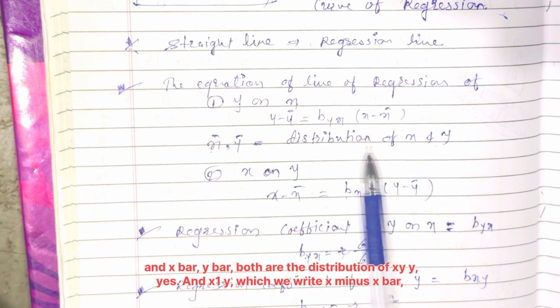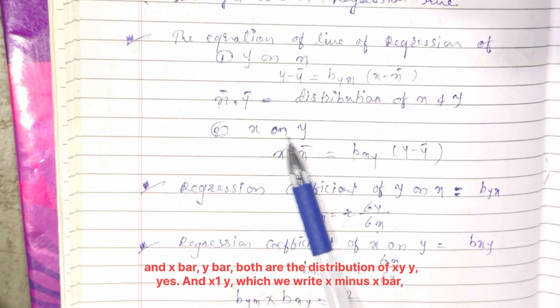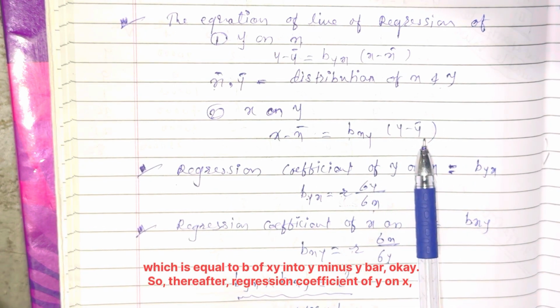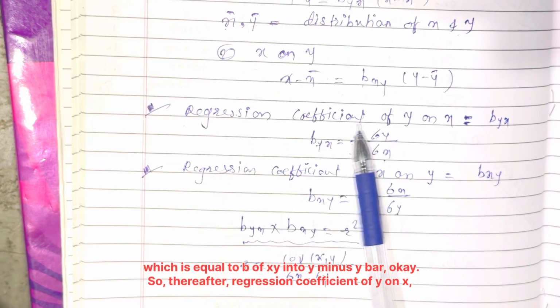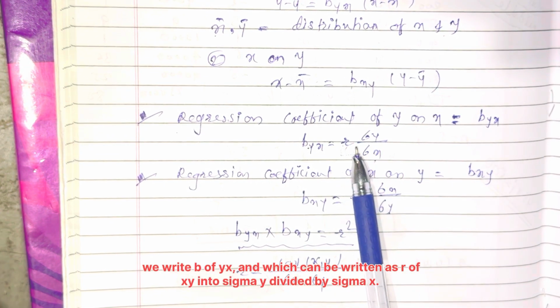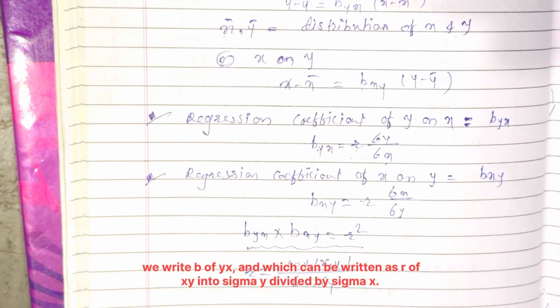And x bar, y bar are both the distribution of x and y. And x on y, we write x minus x bar is equal to b of xy into y minus y bar. Regression coefficient of y on x, we write b of yx, which can be written as r times sigma y divided by sigma x.